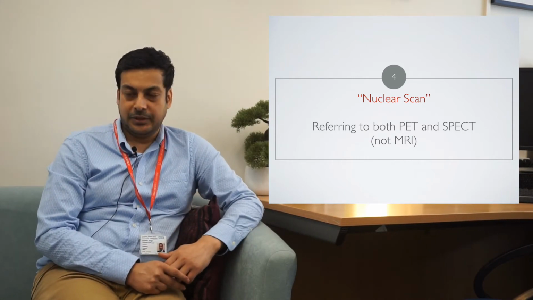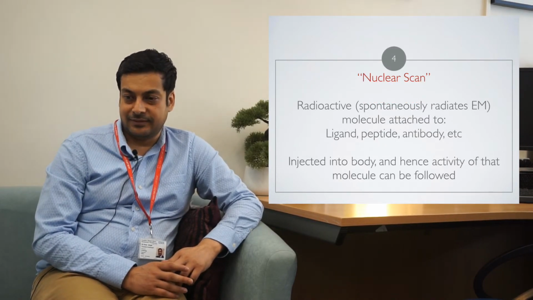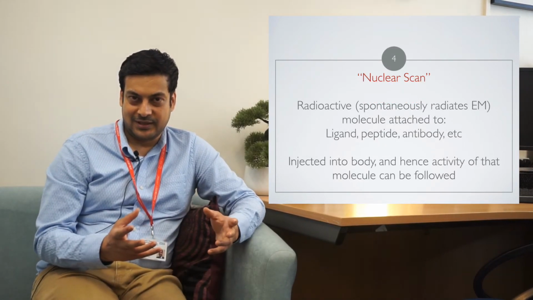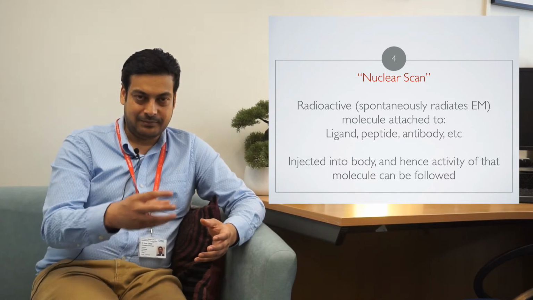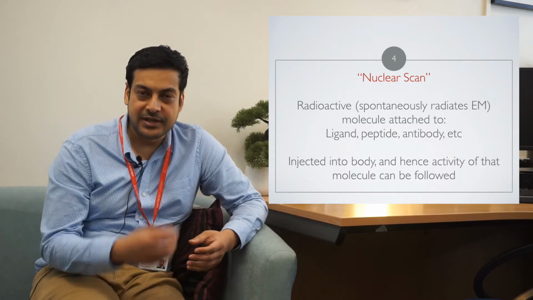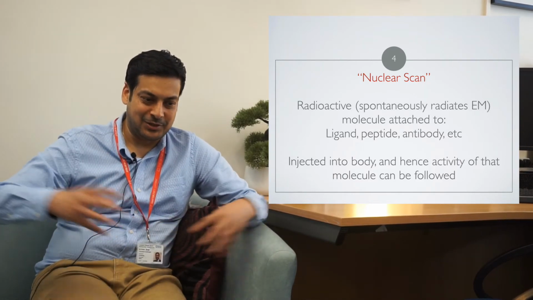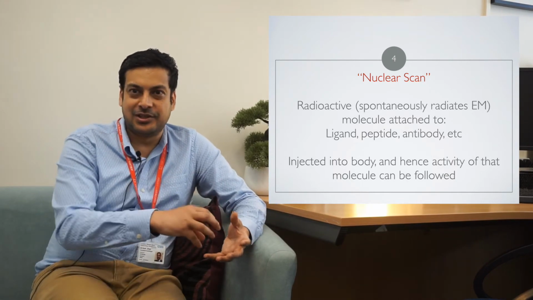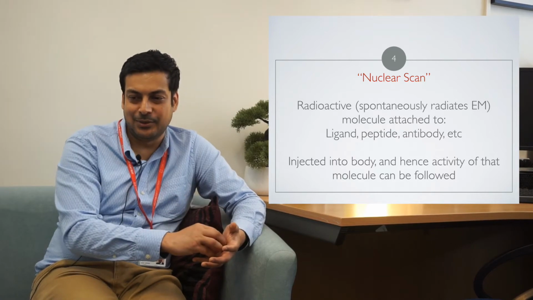So a nuclear scan, what does that actually mean? We take a radioactive molecule. Radioactive just means that you spontaneously emit EM energy. So you take a radioactive molecule that spontaneously emits EM energy wherever it goes, and you attach it to something in the body that's already there, a peptide or an antibody.